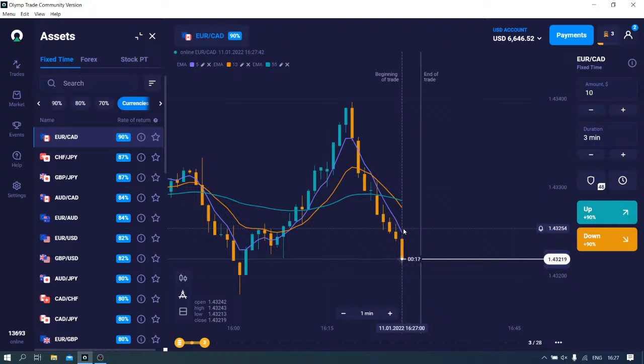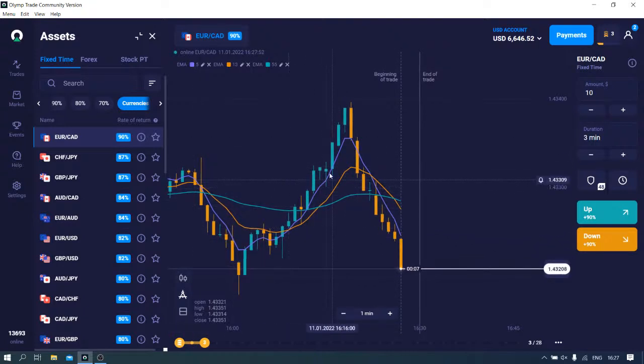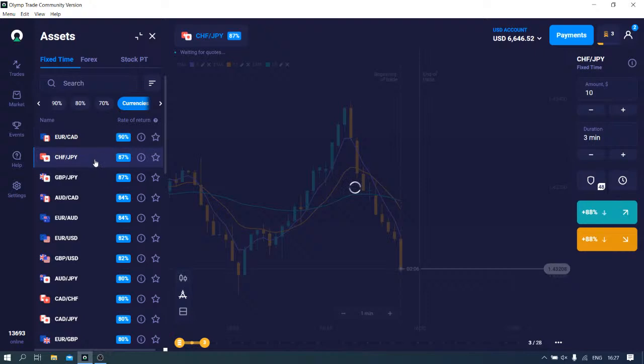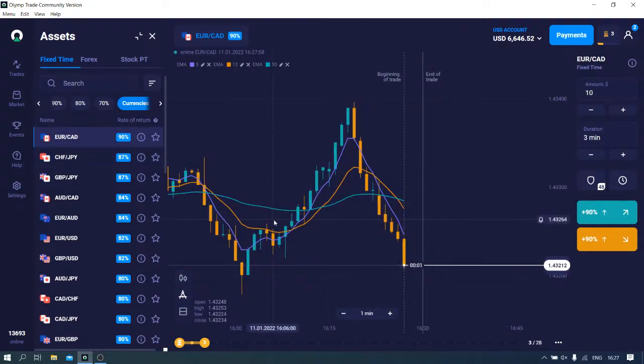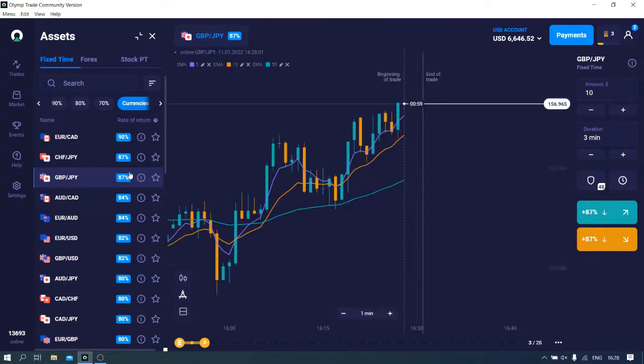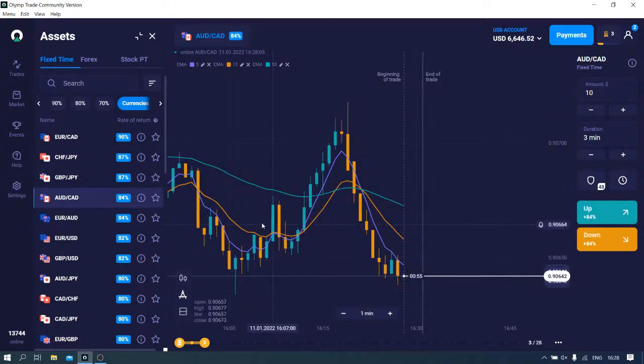Okay, it was a few seconds of rest. Let's continue. From what I see, this trade went profitable as well. That was good. Let's check some other assets to trade on with the potential signals.